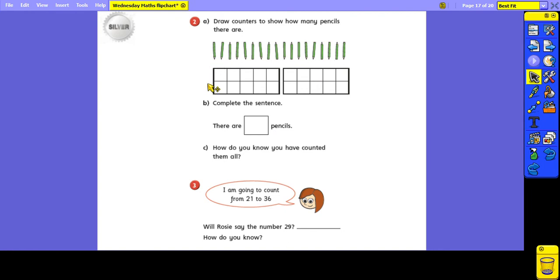Remember, you need to complete one 10 frame before moving on to the next one. So don't start putting any counters in this one until the first one is full. And then for question 3, you need to decide if Rosie will say the number 29 when counting from 21 to 36 and explain how you know.